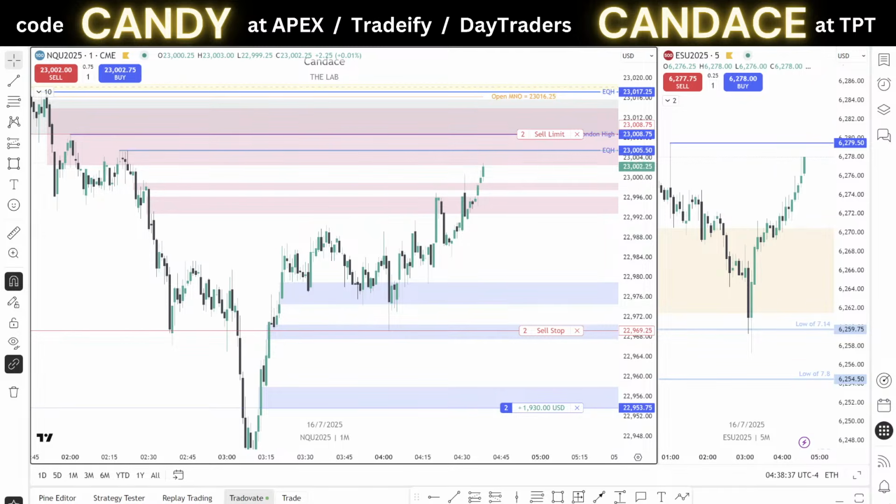To be honest, if price hits this equal high, consolidates here, and then closes this high, then it's possible for price to retrace. Do you understand what I mean? If both NQ and ES have sell side liquidity and no buy side liquidity, then price can retrace.